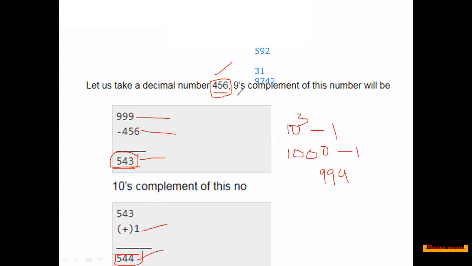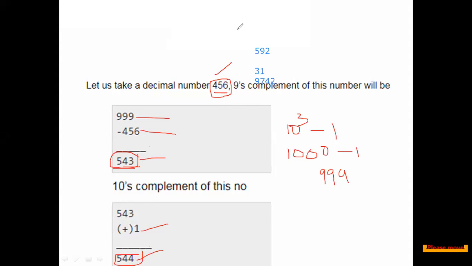The given number is 456, the 9's complement is 543, and the 10's complement is 544. In this way we calculate the 9's complement and 10's complement.